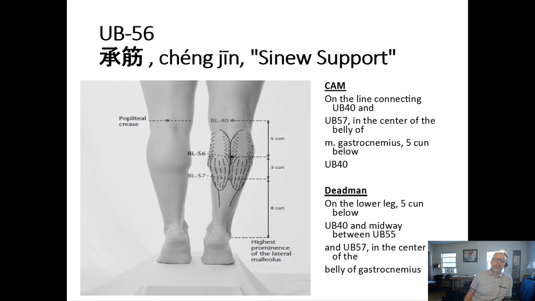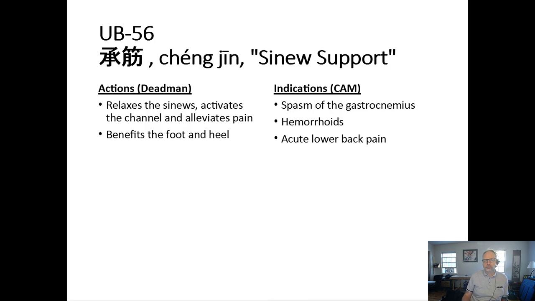So from the back of the knee crease, the popliteal fossa, which is UB40, all the way down to the highest point of the lateral malleolus is 16 Sune. Right? So now we're 5 Sune below UB40. Relaxes the sinews, activates the channel, alleviates pain, benefits the foot and heel.